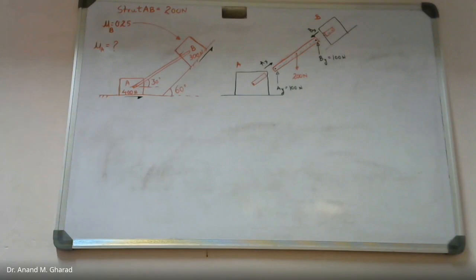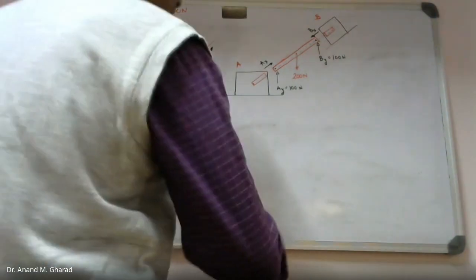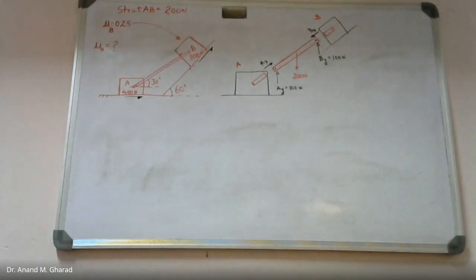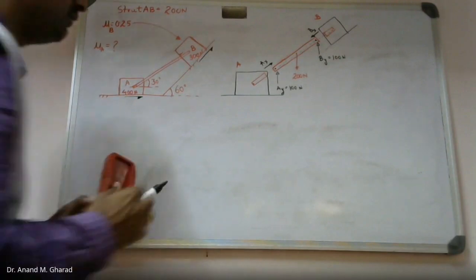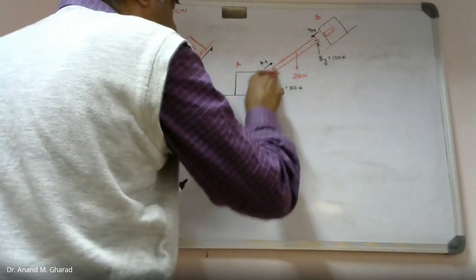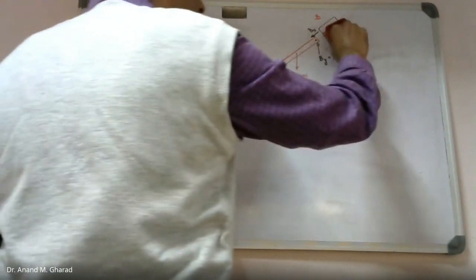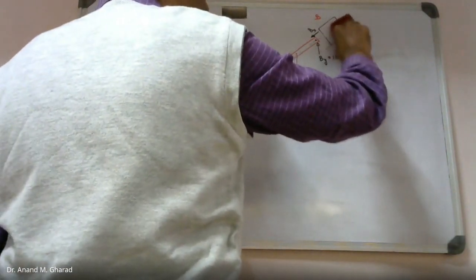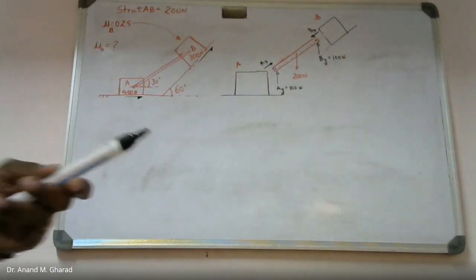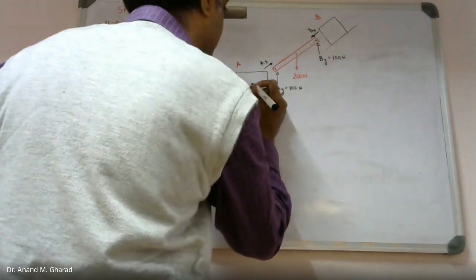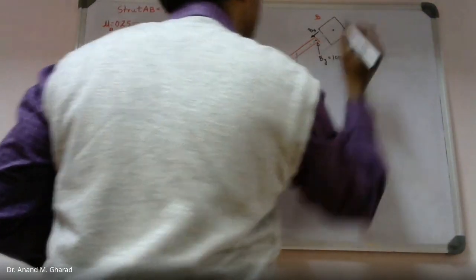So equal and opposite, listen very carefully, equal and opposite reaction forces should be transferred at these two locations, that is at point A and point B. So I will consider these two locations.